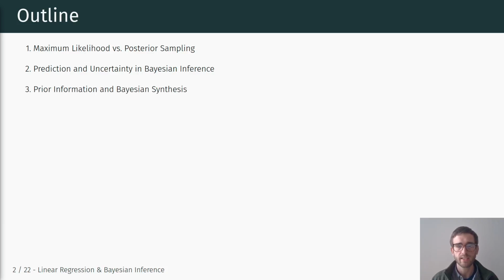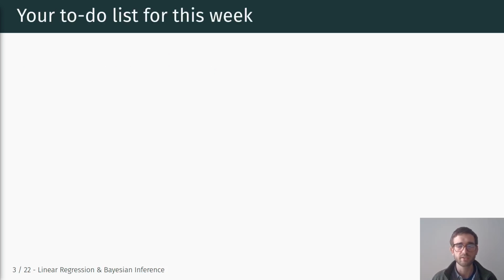And then lastly, we will focus on prior information and Bayesian synthesis and talk a little bit more about what different types of priors we can specify and what consequences these priors ultimately have on our estimates as well as on our predictions. Okay, so it should be an interesting week.